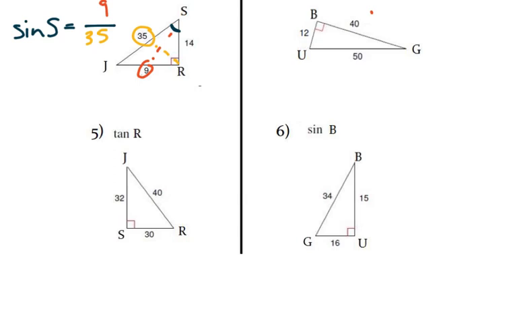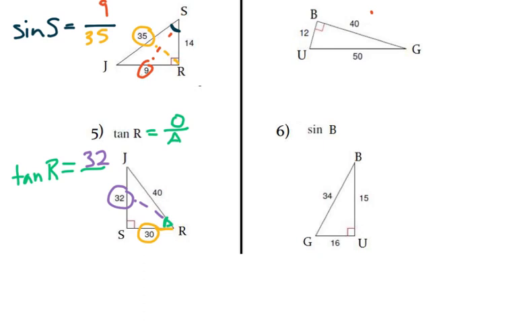Then tangent of R means we're looking at our R. And tangent, SOHCAHTOA, so opposite over adjacent. So the tangent of R, the opposite of R would be across from the R, which is 32, divided by the adjacent, which would be the next to one.